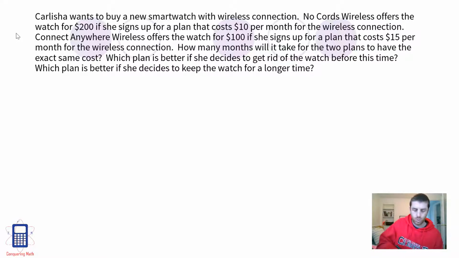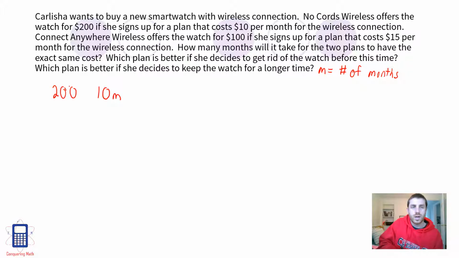So let's start with No Cords. No Cords Wireless costs $200 for the watch and an additional $10 per month. So we'll do $10 times m, and m will be the number of months. So I'll write that down: m equals the number of months that she owns the watch.